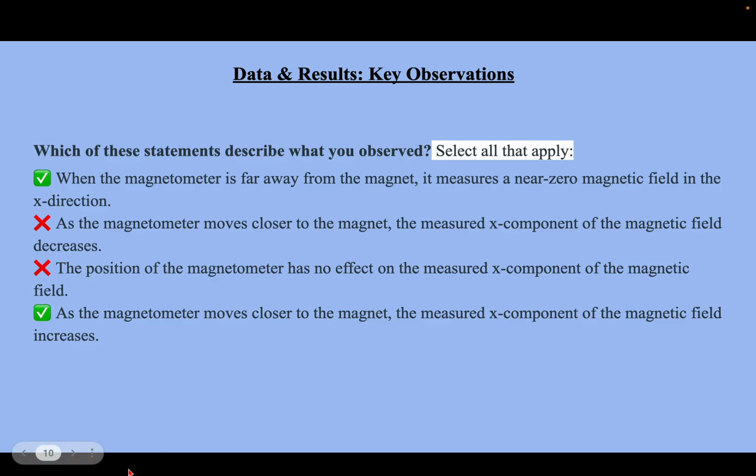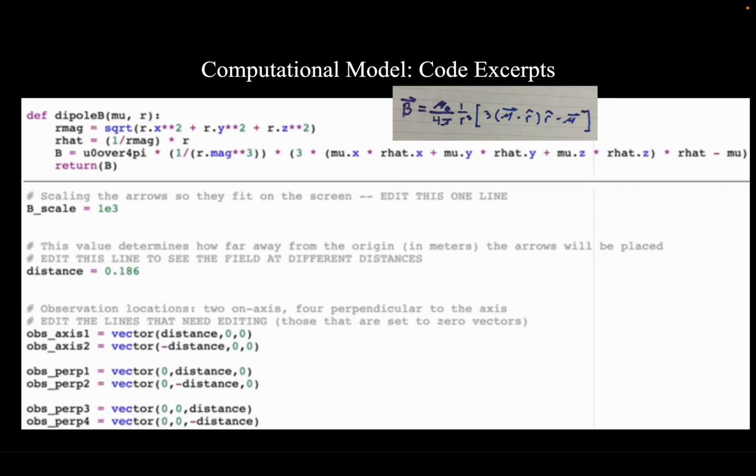That when the magnetometer is far away from the magnet, you get a near zero field in the x direction, and as it moves closer, the x component of the magnetic field increases. The computational model took advantage of the equation for the dipole magnetic field.